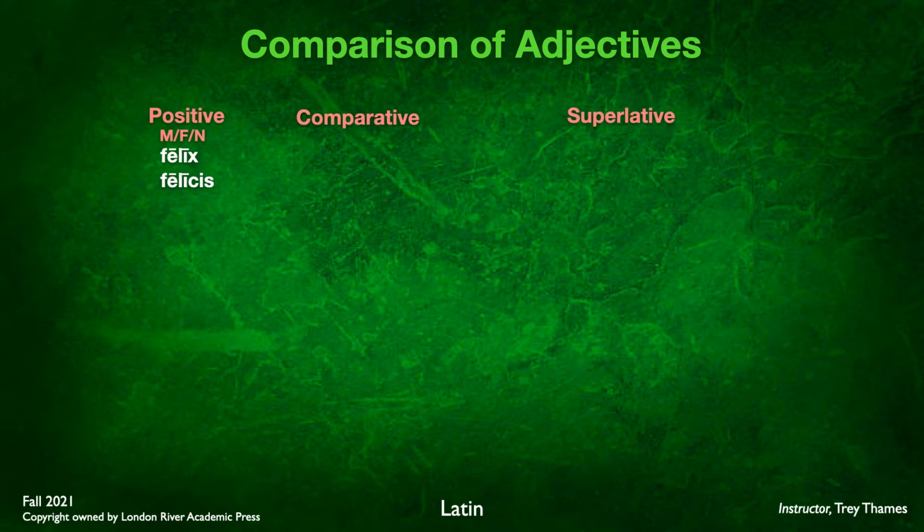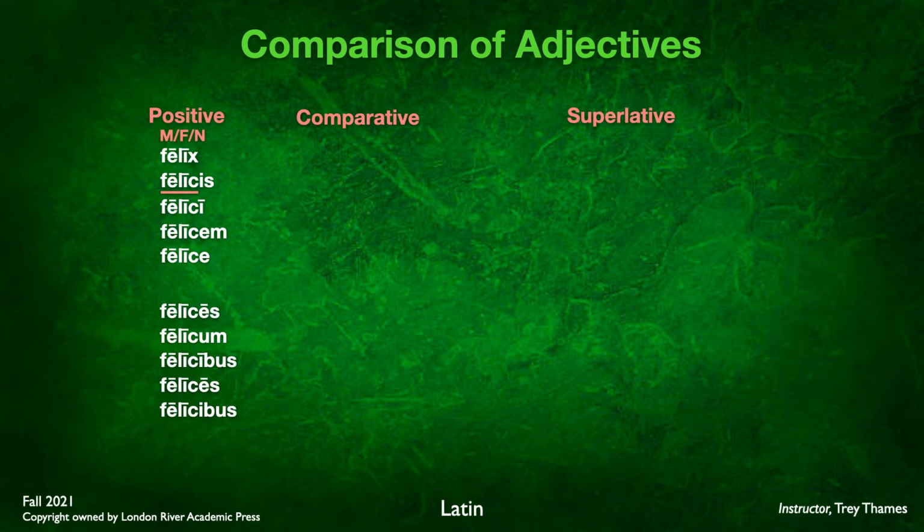Felix, felicis. So there's your stem, felic-, F-E-L-I-C. You're going to have that stem all the way through, and to that, we're going to add our third declension endings: blank, -is, -i, -em, -e, -es, -ium, -ibus, -es, -ibus. Now, to form the comparative for the masculine and feminine, we're going to take the genitive stem, felic-, and to that, we add the infix -ior.